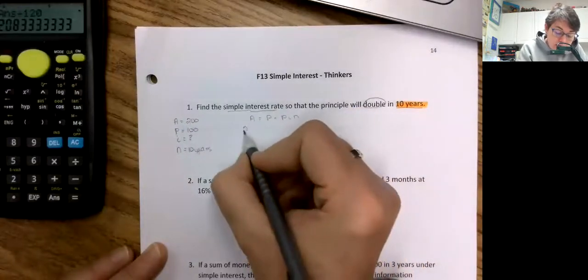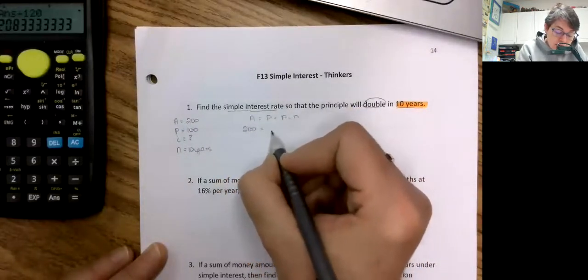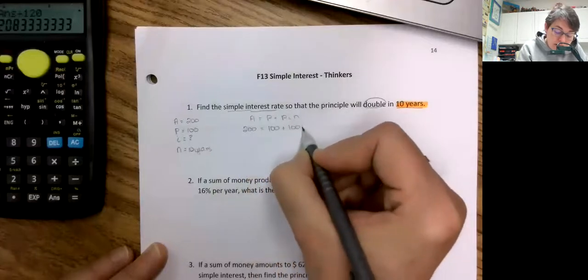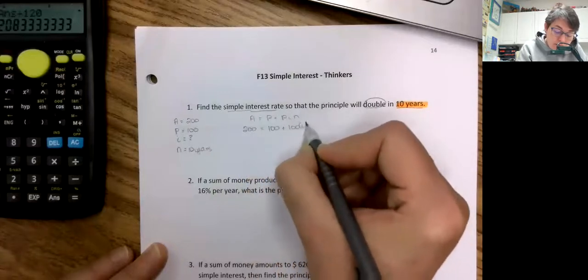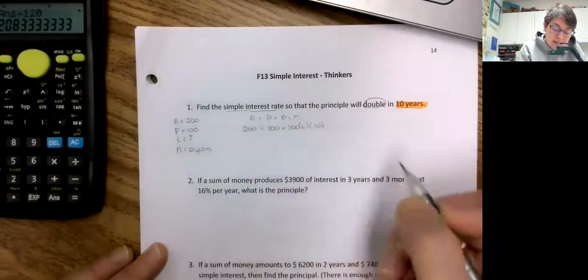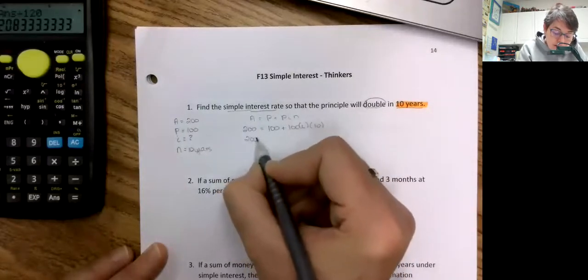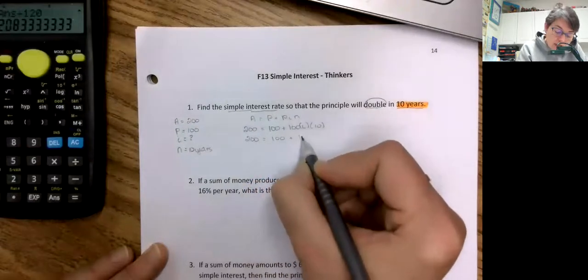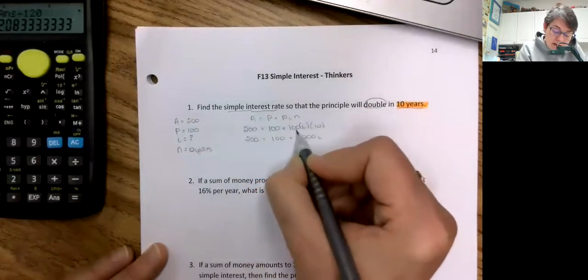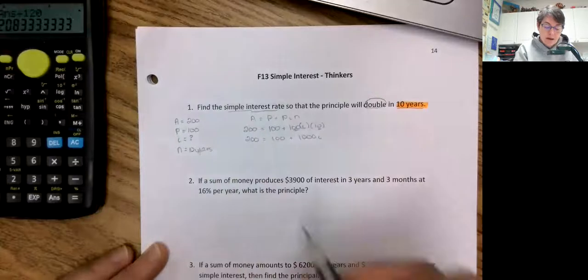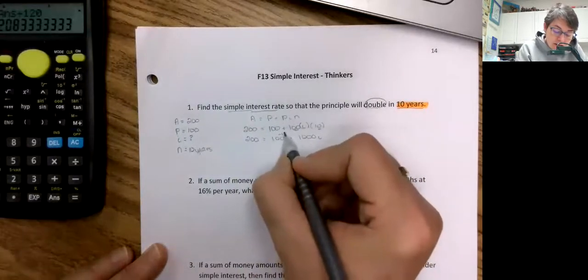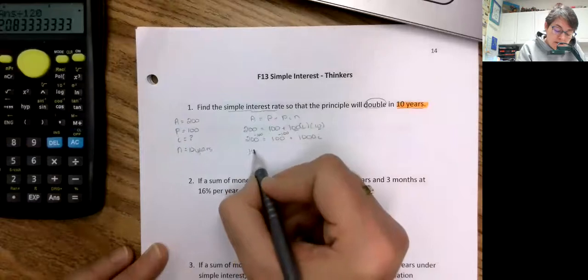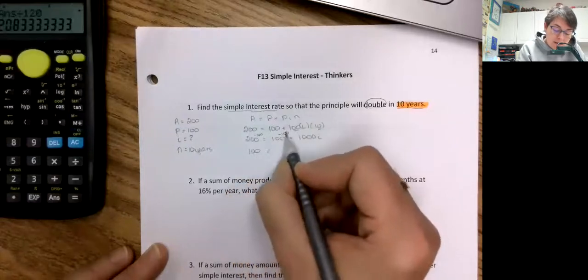Okay, so 200 is equal to 100 plus 100 times interest, which I don't know, times 10. So 200 is equal to 100 plus 1,000 I, right? We're going to multiply this and this together. Now let's subtract. And that's going to give me 100, and that disappears.